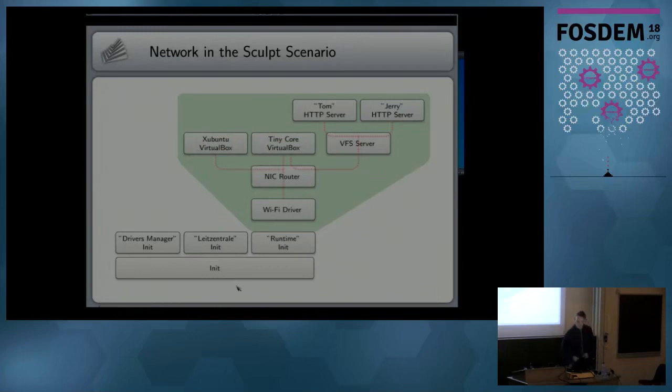Or I initially wanted to present here two HTTP servers that I can talk to only over the TinyCore. So I can do a connection only in the TinyCore to these two through the VFS server. But unfortunately, I had some problems with the HTTP servers, so this doesn't work that well.